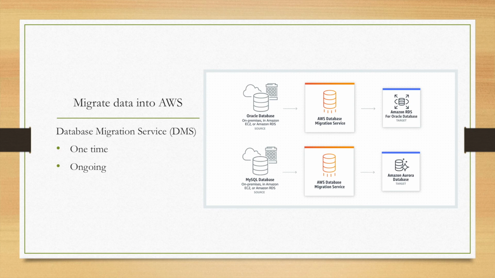When we want to migrate data into AWS, a good method is to use the Database Migration Service. You can migrate one time, and you can also use it for ongoing migration. Ongoing migration means that the source database and the target database are always the same. We can see the AWS DMS tool can migrate an Oracle database into Amazon RDS.